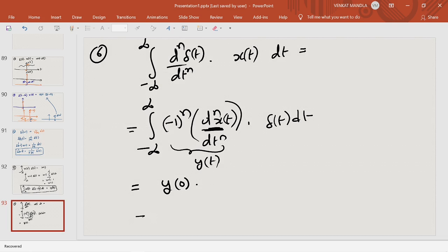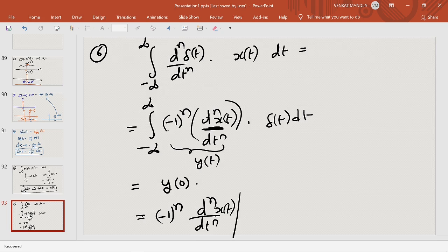So what is y(t)? It is (−1)^n d^n/dt^n of x(t) at t equal to 0. First find d^n/dt^n of x(t) and substitute t equal to 0. That is the answer.